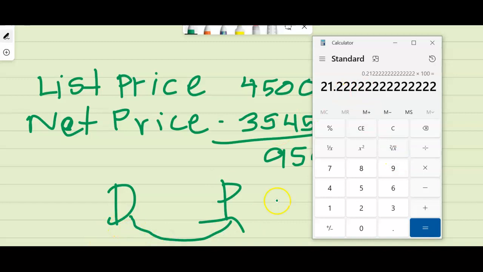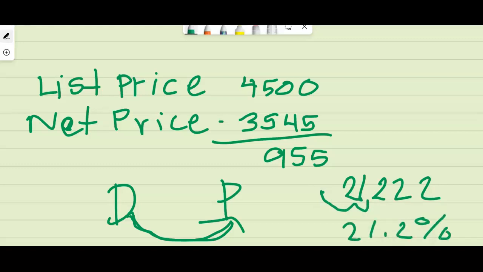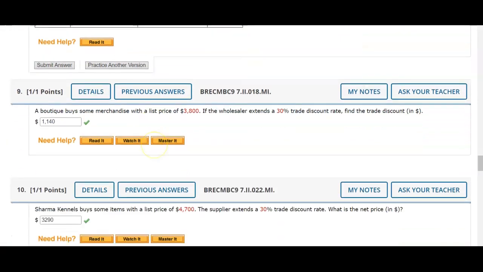If you go to the right, it's going to get bigger. So 0.21222, and we're going from a decimal to a percent, so it's going to be 21.2%. Okay, so that's your trade discount rate.